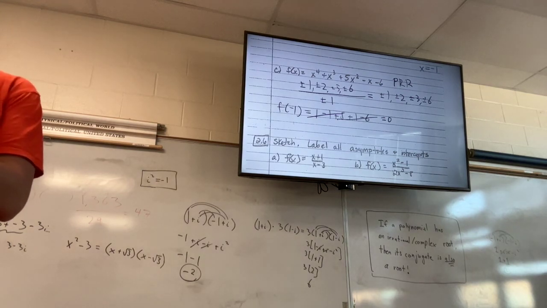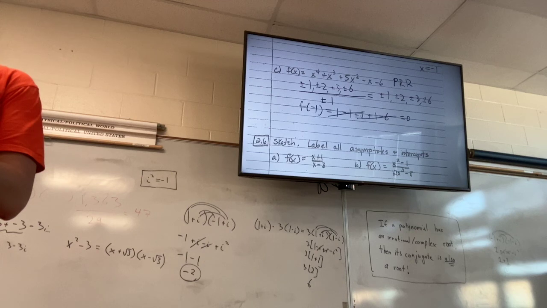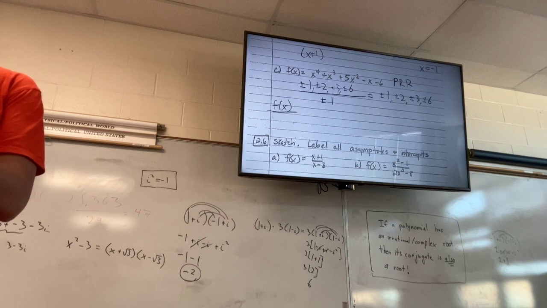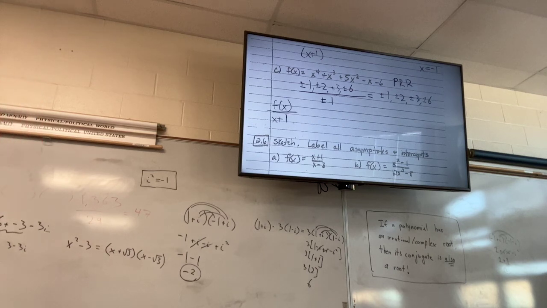So then I have to divide, right? So x equals -1 gives me a factor of x plus 1. So I'm going to do f of x over x plus 1. To do that, I've got to do my synthetic division. So 1, 1, 5, -1, -6.